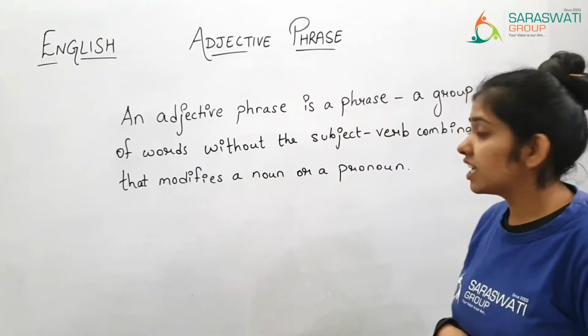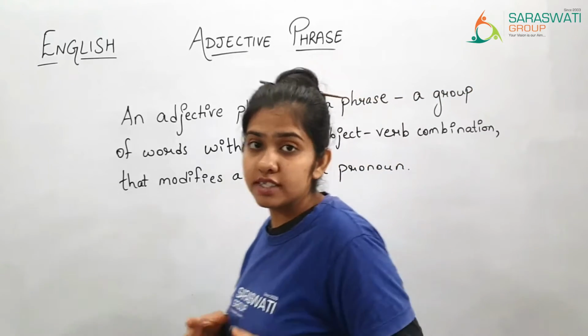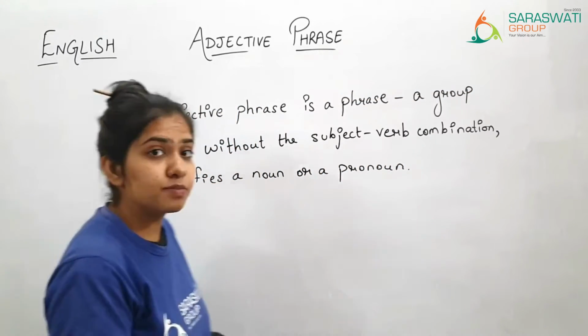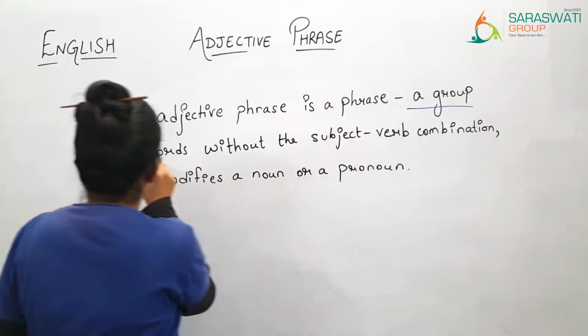An adjective phrase वो एक ऐसा phrase है, you know what phrases are, phrases यानी कि a group of words. Phrases means what? A group of words.